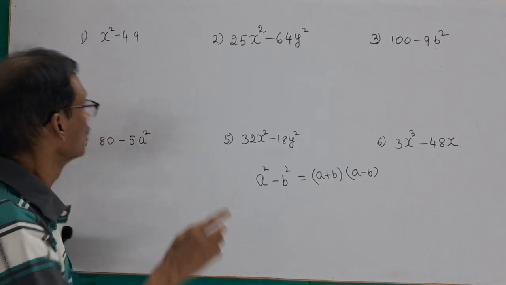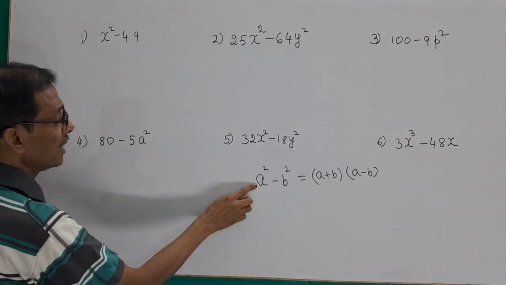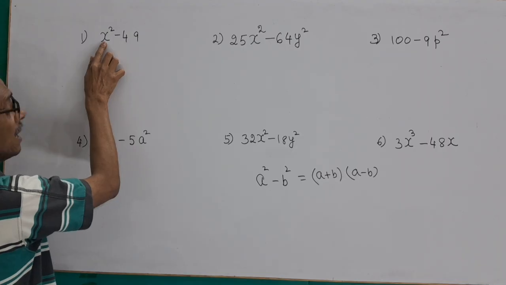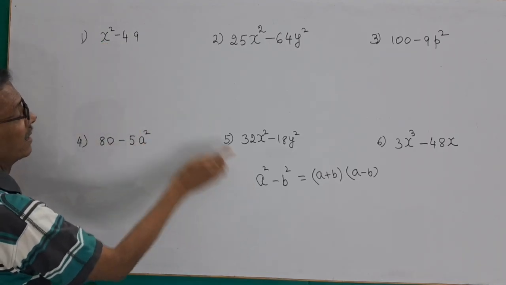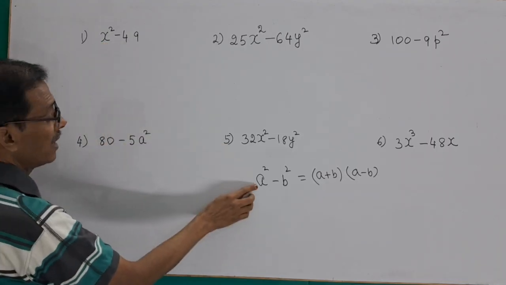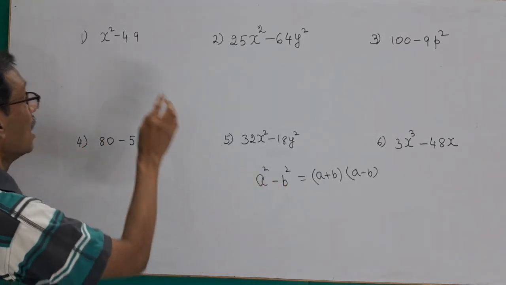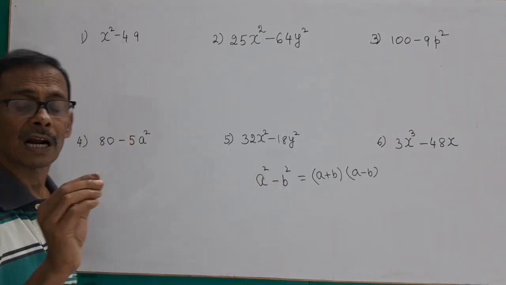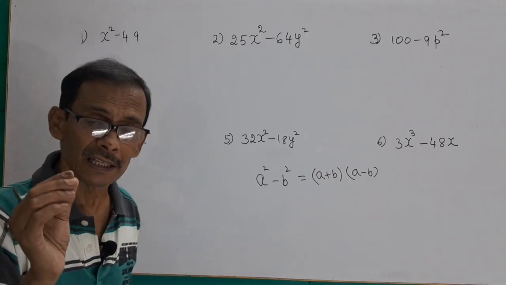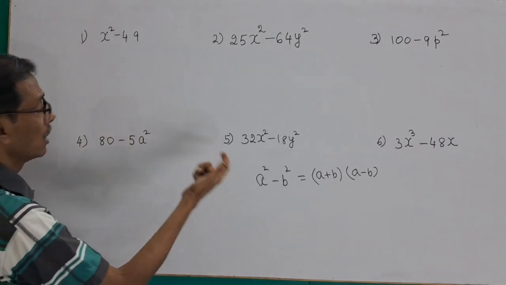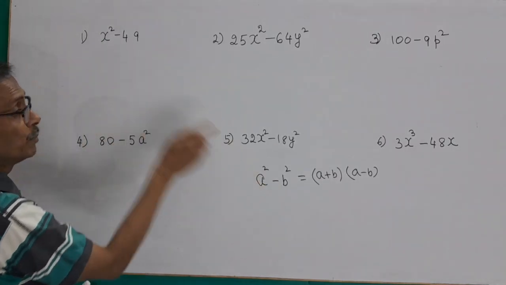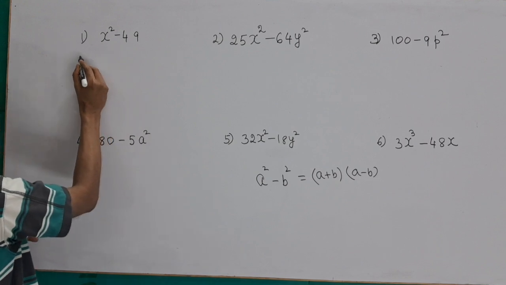There is no difference. Only x is a here. a and x are similar. But b square, you have to write 49 in the square form so that you also understand what is mapping to b.